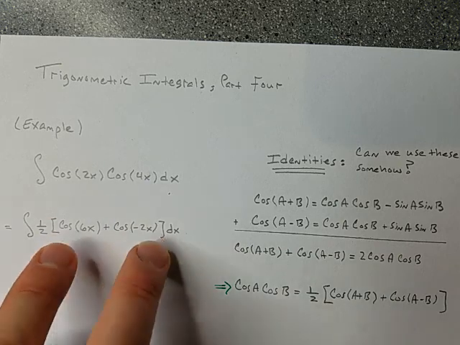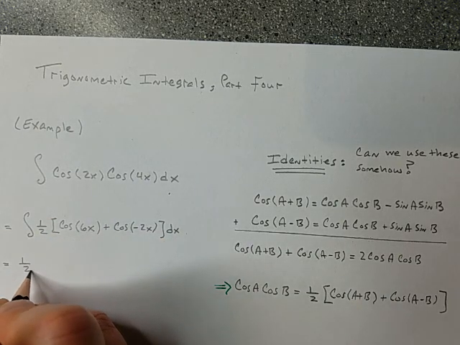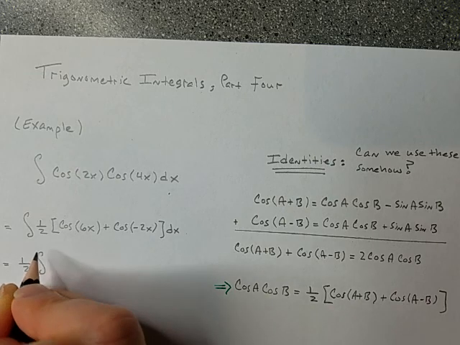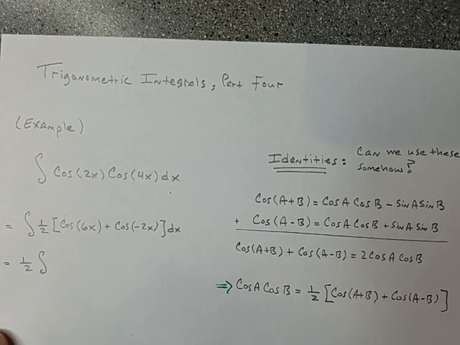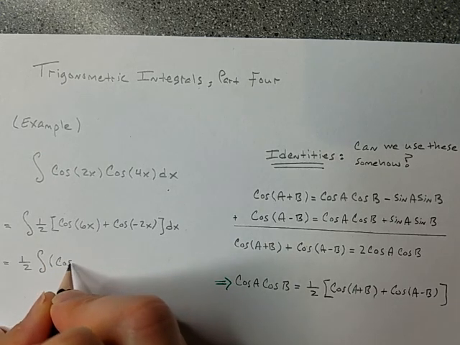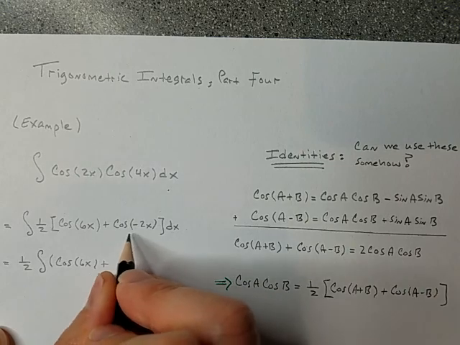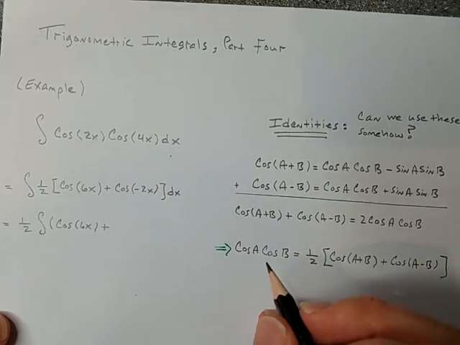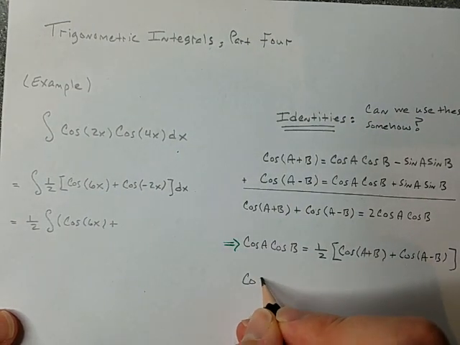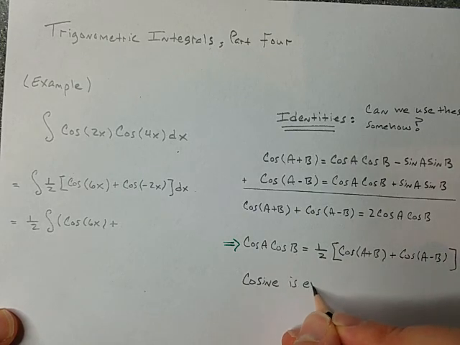All right, I'll do a few other things to it to clean it up a little bit. This constant of 1/2 there I'll remove. And then I'll go ahead and keep this cosine of 6x the way it is. And with this part, I notice cosine is an even function. Cosine is what's called an even function.